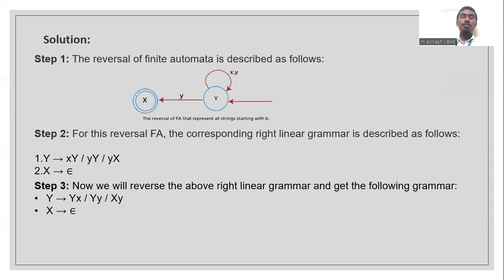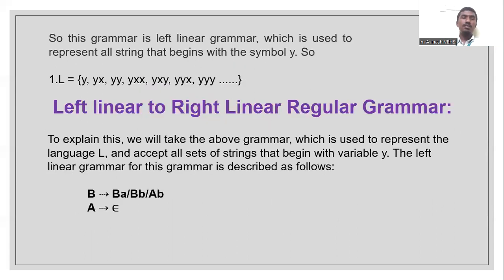Now we reverse the above right linear grammar and get the following grammar: Y tends to Xy, Yx or Yy or Xy, and X tends to epsilon. So this grammar is a left linear grammar which represents all the strings that begin with the symbol y. So L is equal to y, yx, yy, yxx, yxy, yyx, yyyy, etc.